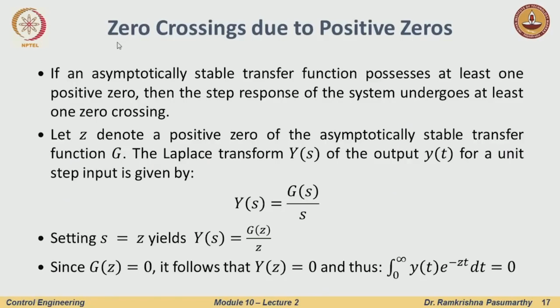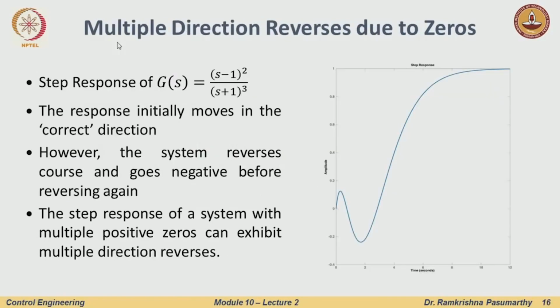What we see in these plots is that there is a zero crossing. Ideally, if it is an overdamped or critically damped system, the response goes like this. If it is underdamped, then I expect some oscillatory behavior, overshoot, and so on.